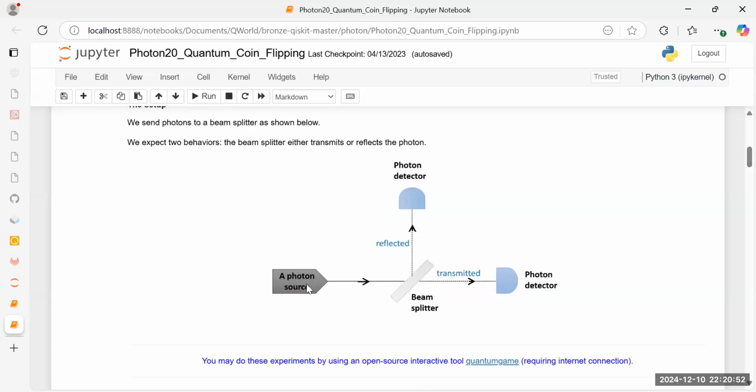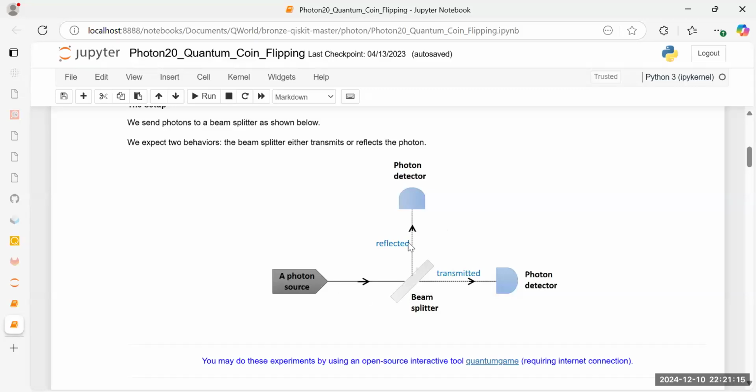So this is the experiment here. We have a photon source, and the photons coming from this source can be thought of as coins, and they hit the beam splitter. So the beam splitter is the act of tossing our coin. And there are two possible things that can happen when the photon hits the beam splitter.